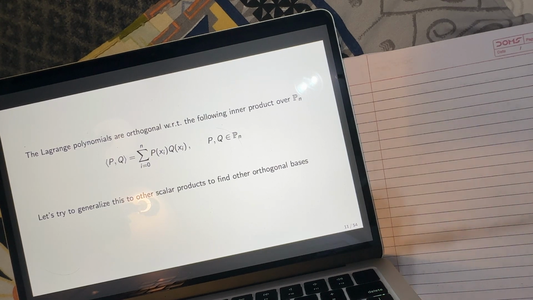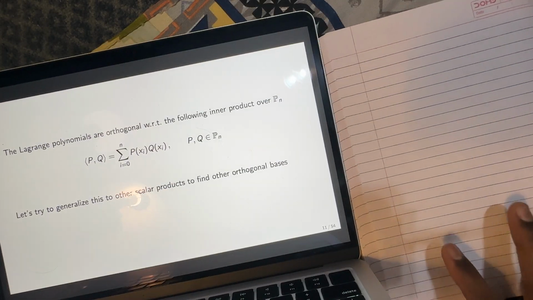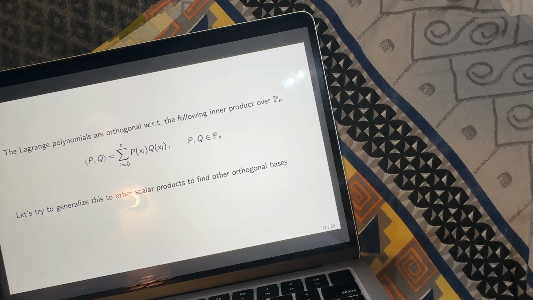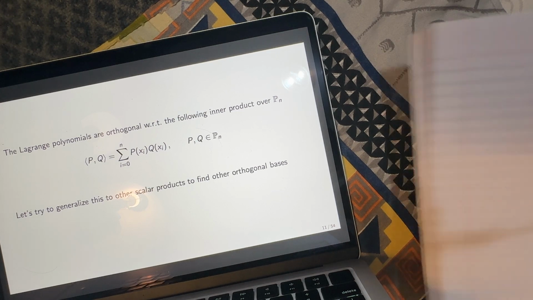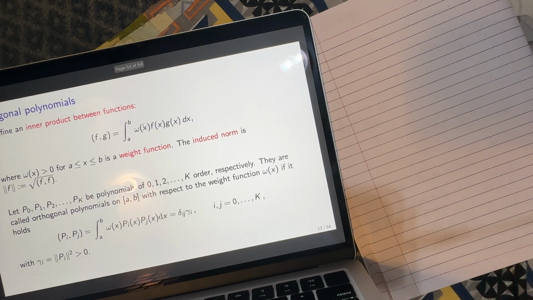Let's try to define an inner product with respect to functions now. Like we said, if we can define an inner product on functions and then find a basis of a function space, all you need to do is project f star onto that function space and you're done, and you can project by using inner products.